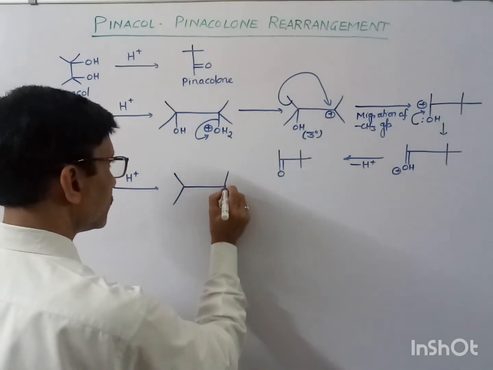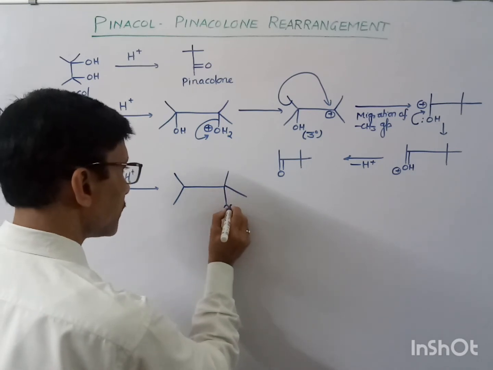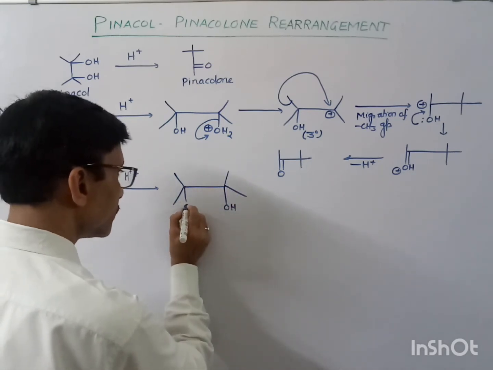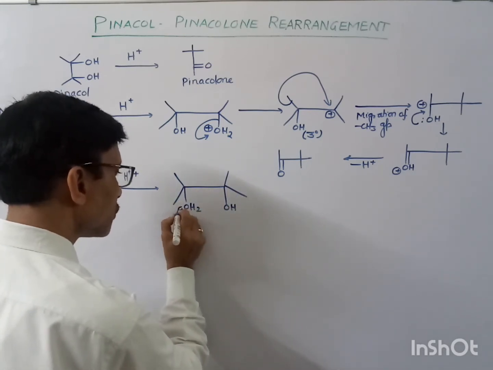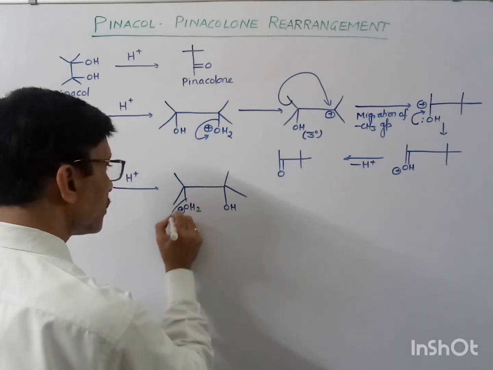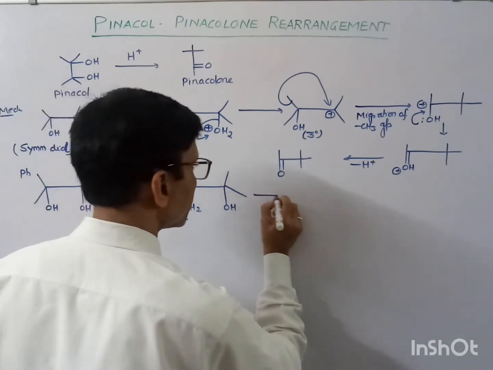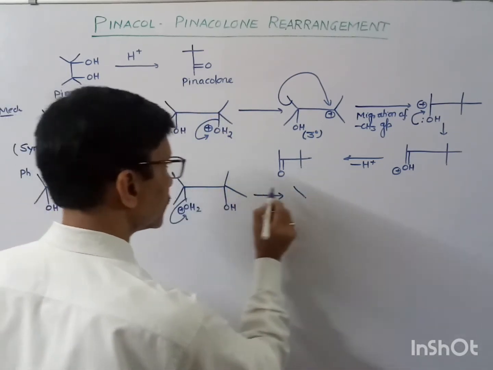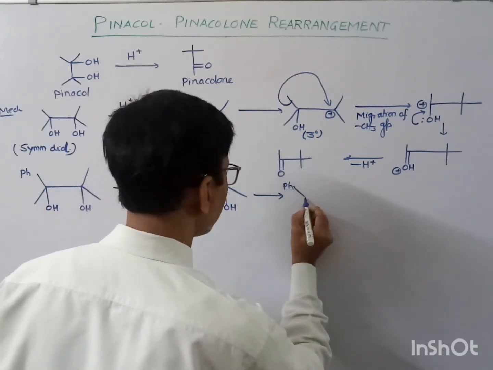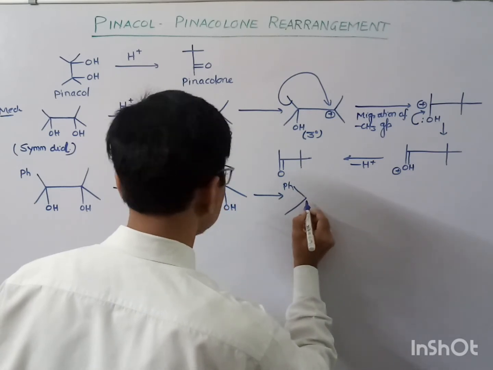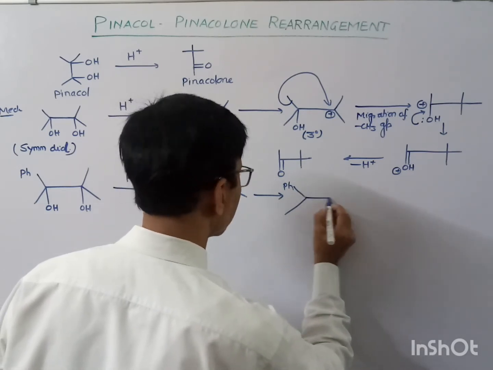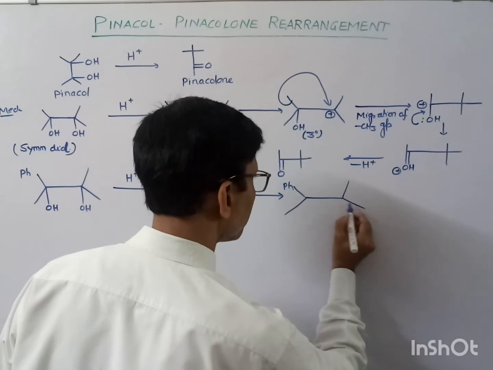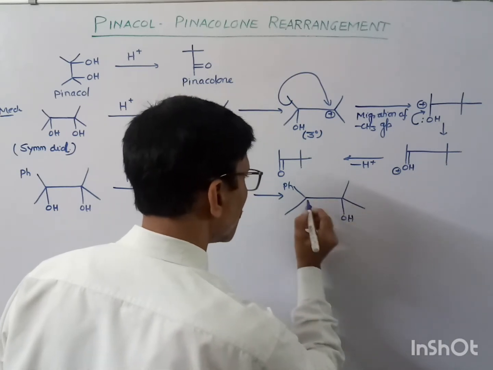So I should protonate this OH group, and this will get removed, and in the next step this phenyl group is present over here, and you will have the positive charge over this carbon.